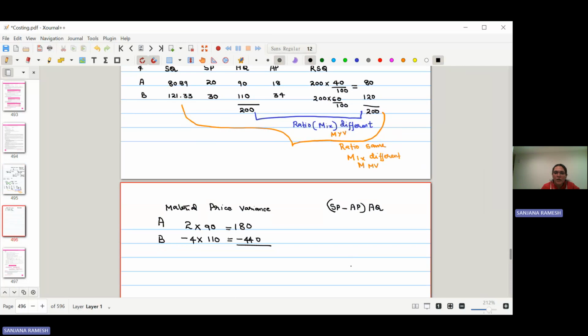So the total is coming as 260. So this is negative, so we can write it as adverse.